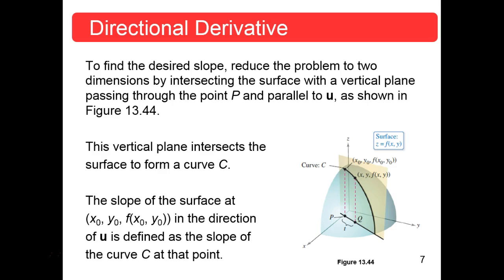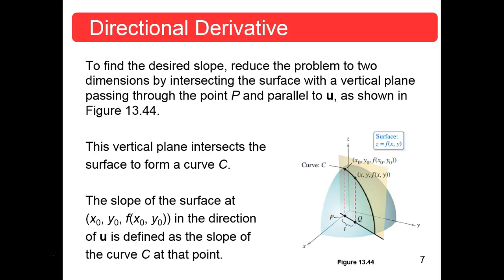So draw a plane, like they said, a vertical plane passing through the point P parallel to that vector U that you're interested in, anything in that direction, okay? That vertical plane intersects the surface, that Z surface up there, to form the curve C. Okay?